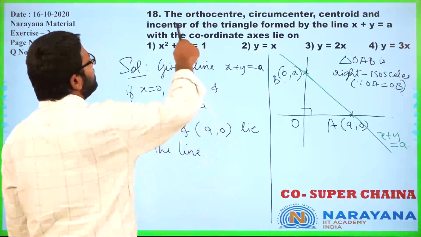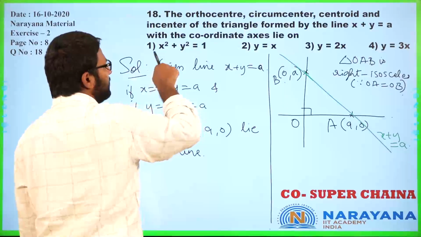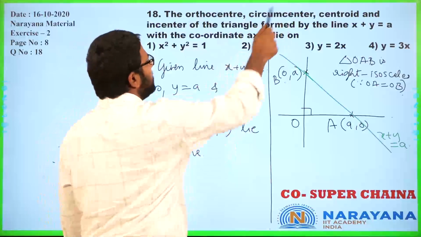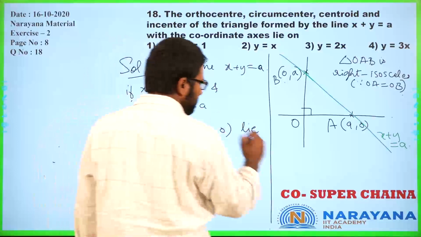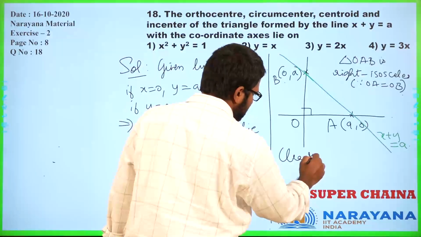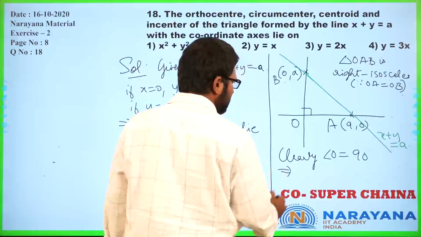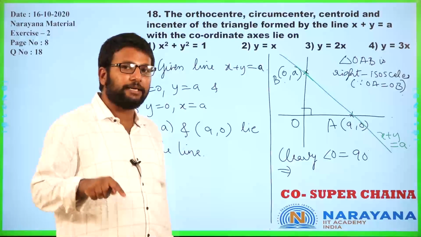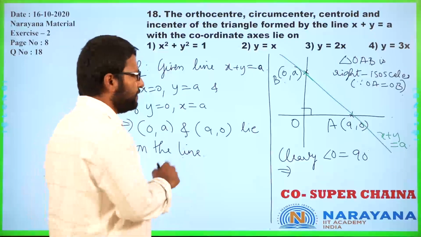Alright. So now, the orthocenter, circumcenter, centroid and incenter of this triangle formed by this line with the coordinate axis lie on what? So now for this triangle, let us try and figure out the coordinates of each of these, right? So first orthocenter. So clearly angle O is 90 degrees.